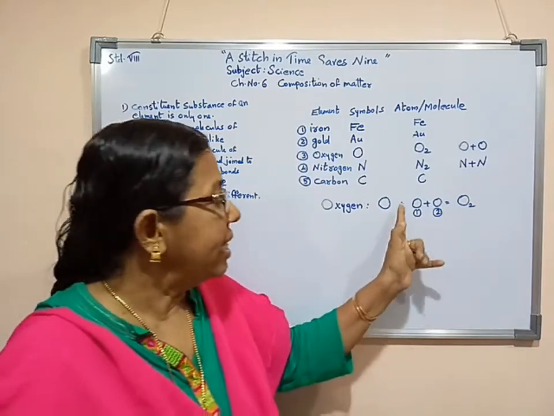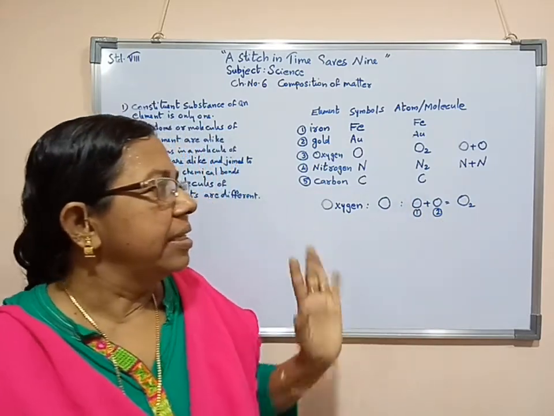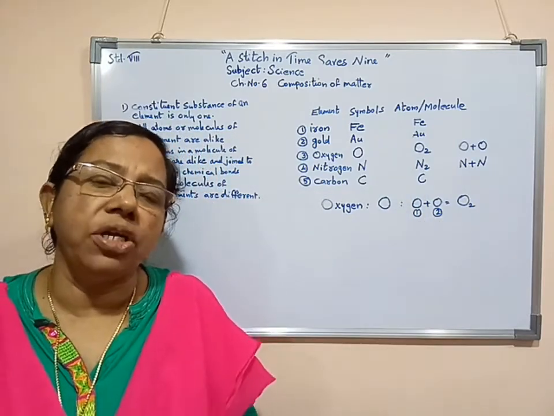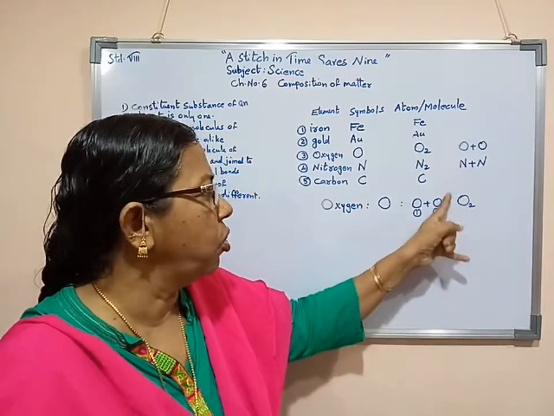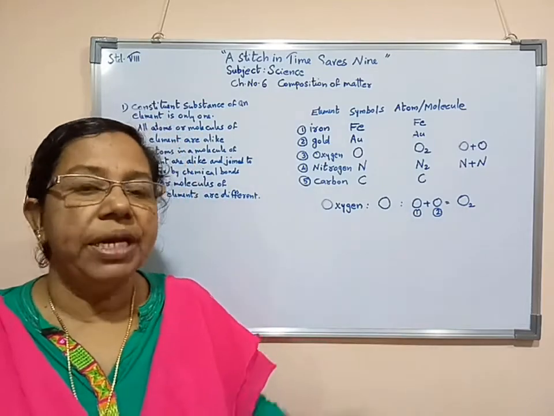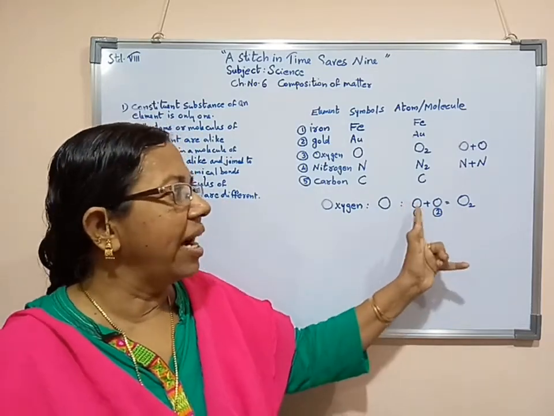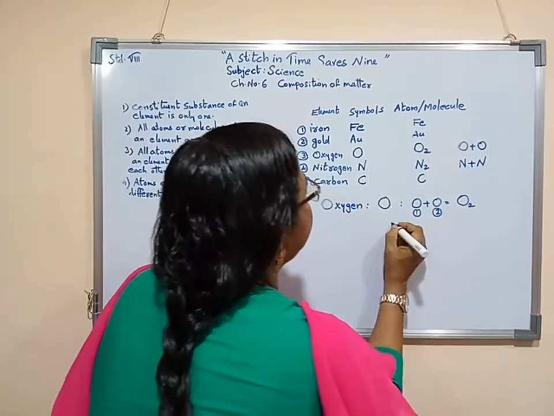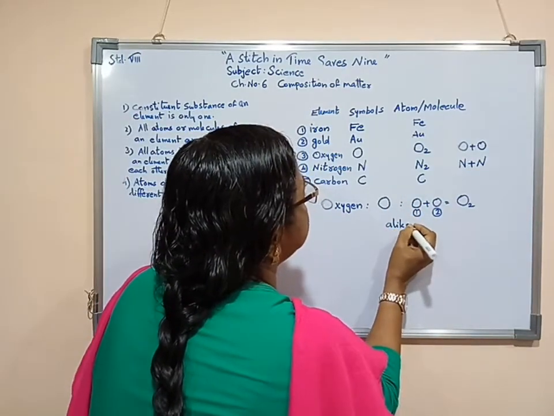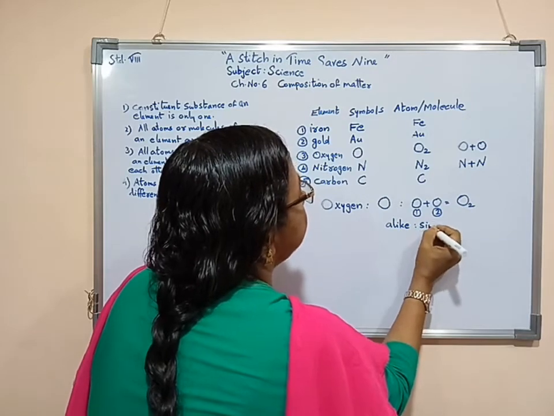So we can say that the atoms present in a molecule of an element are alike. So this is the molecule of an element, O2, formed by joining atoms of oxygen. Both of them are alike. Alike means similar, similar means same.